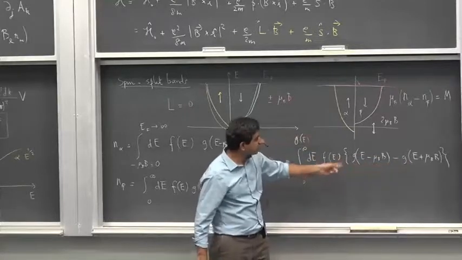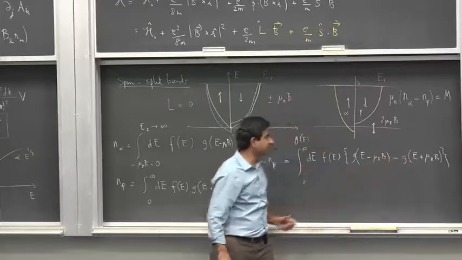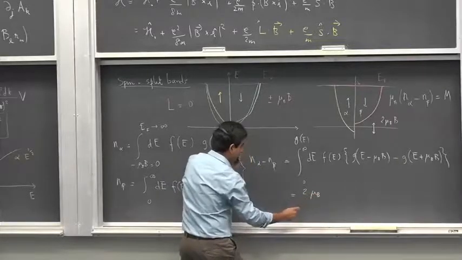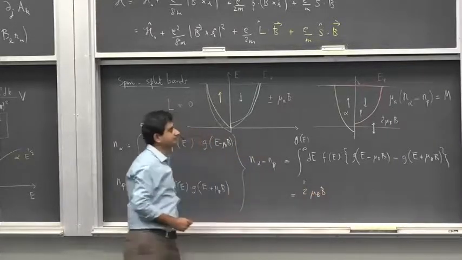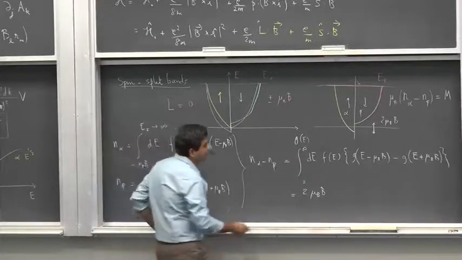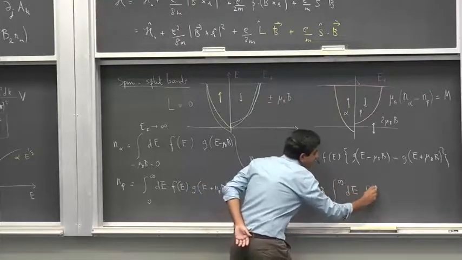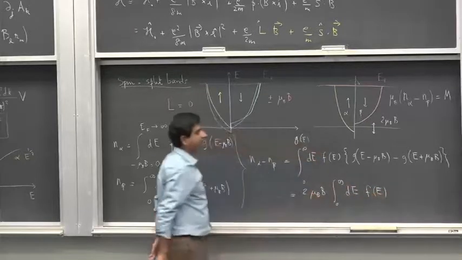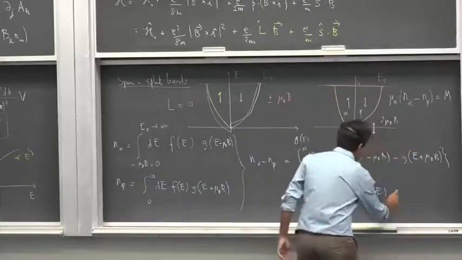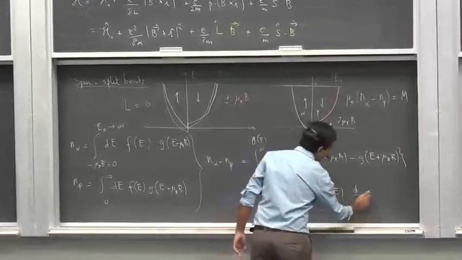I can write down the derivative of G with respect to E and multiply it with the difference in the energy, which is 2 mu B B. So this turns out to be 2 mu B B, the integral from 0 to infinity dE F(E), and this thing is the derivative with respect to E of G(E).